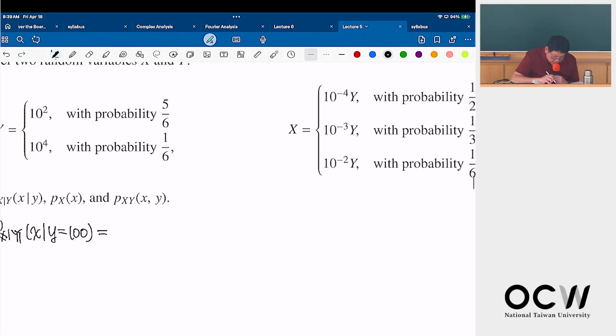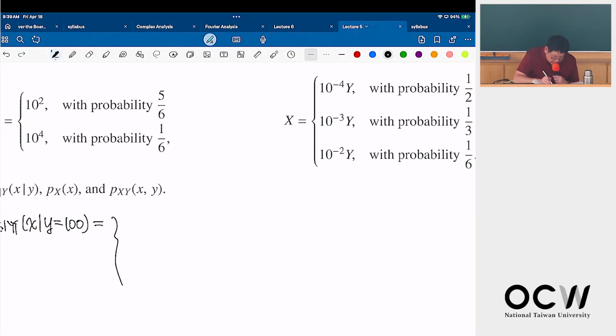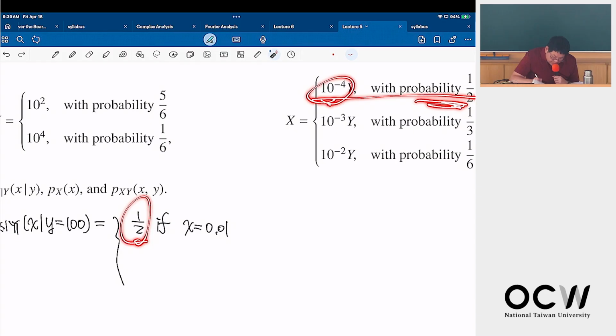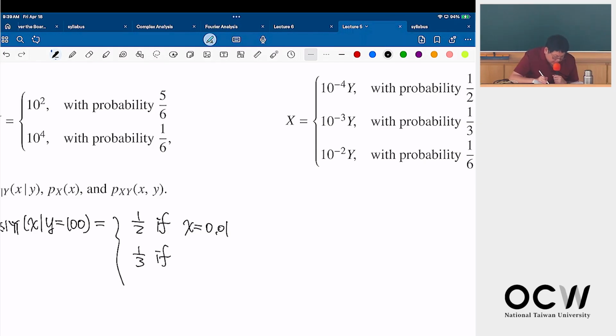So here we have 1/2 if x is 0.01, probability 1/2, from 10 to the minus 4th times 100, so 0.01, or 1/3 if x is equal to 0.1, or 1/6 when x equals 1.